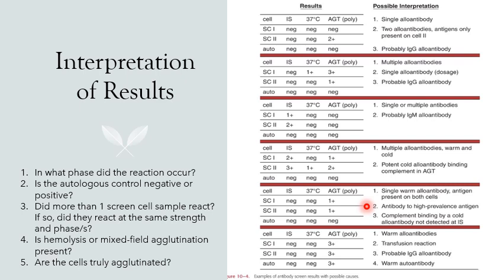So, itong antibody na to may be a high prevalence. This antibody may be an antibody to a high prevalence antigen, and it may be a complement binding by a cold alloantibody not detected at immediate spin phase.